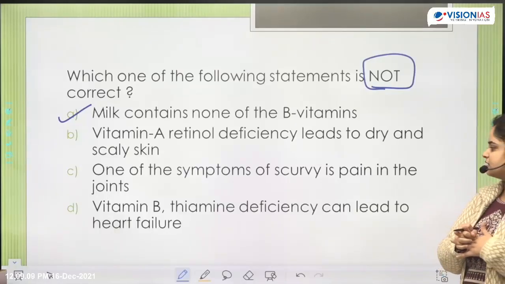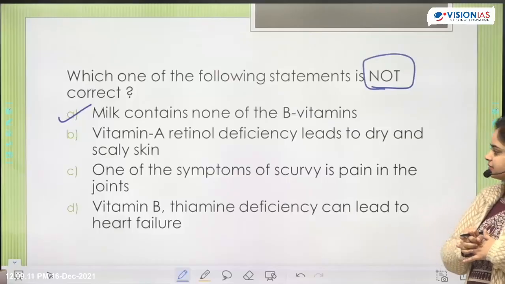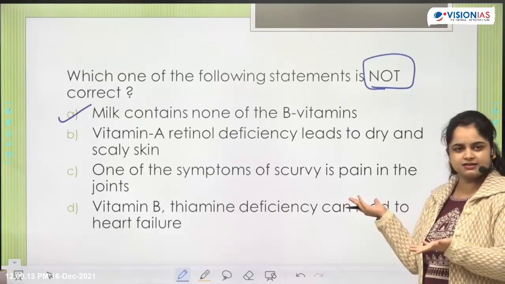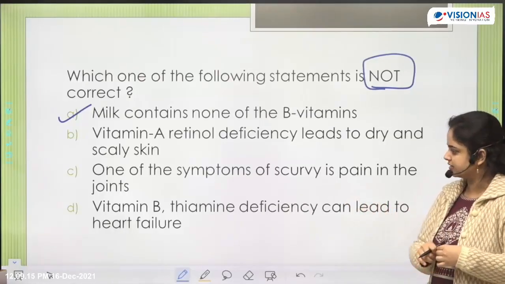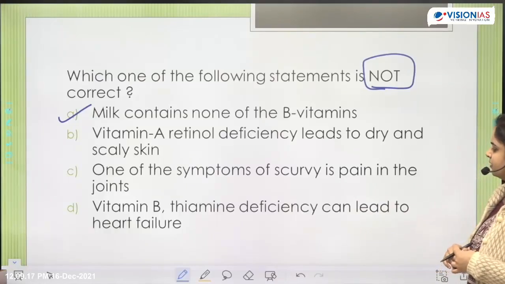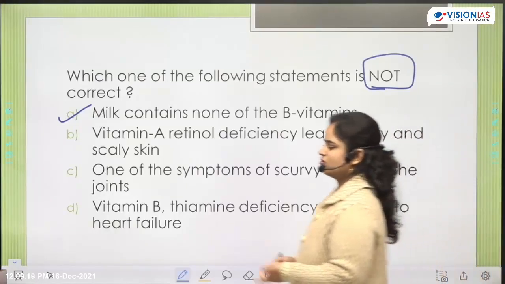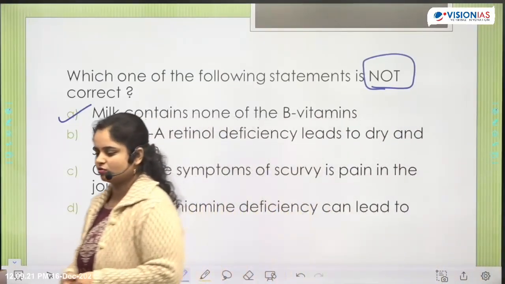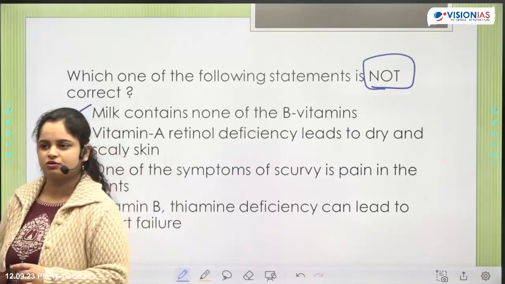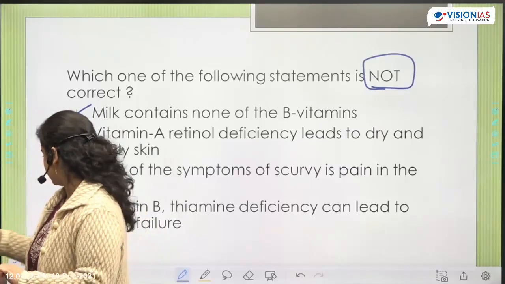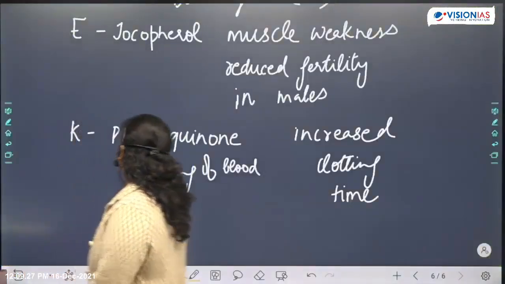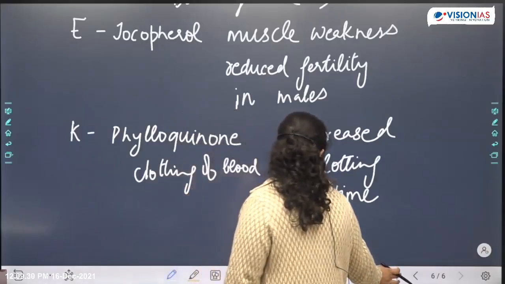Yes, pain in the joints, pain in the muscles, that is possible in scurvy. Vitamin B, thiamine deficiency can lead to heart failure. That is also very much possible. Let me tell you some NCERT chapters which you are supposed to go through.